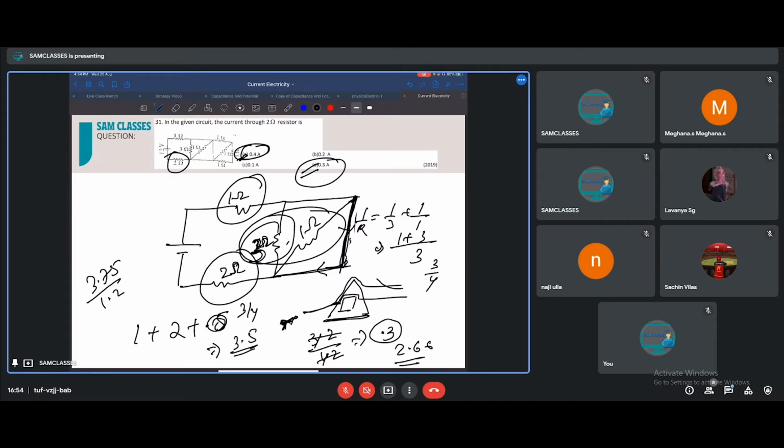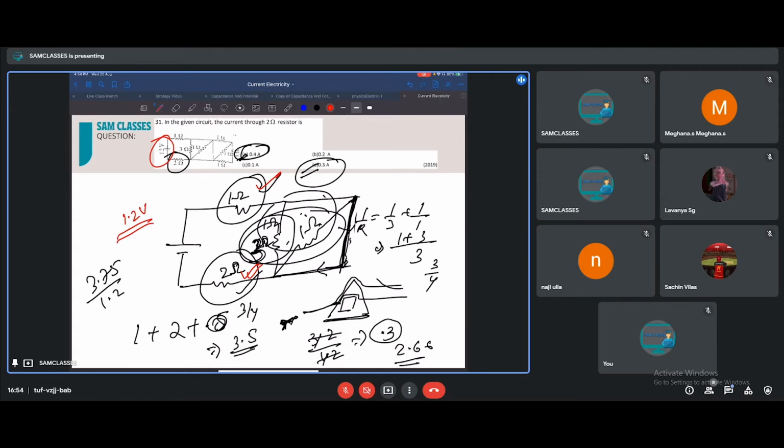See here, this was a very close call. If it is 1 ohm here, we can easily solve these two in parallel connection and these two in series. Once we get the total resistance, we know the total voltage 1.2 volt, directly we divide it and get the current.